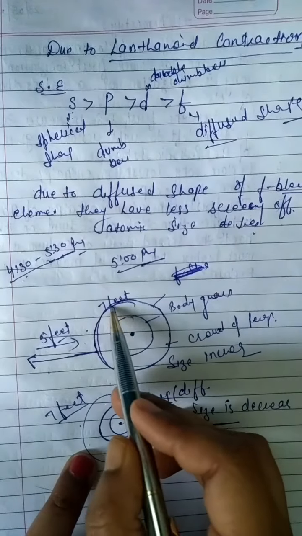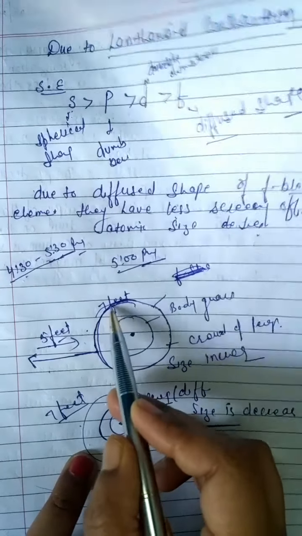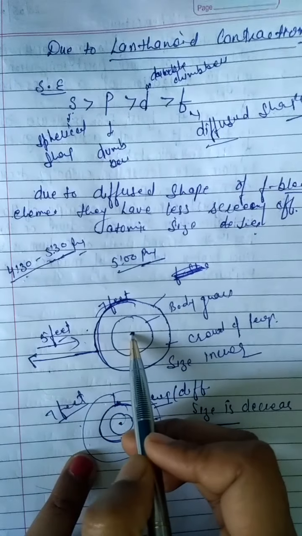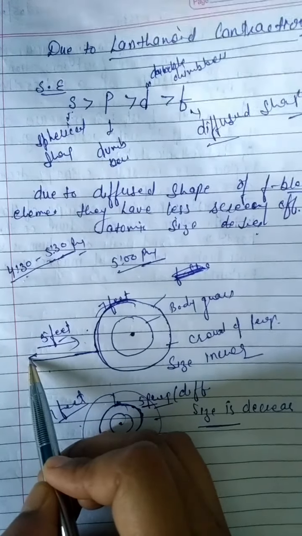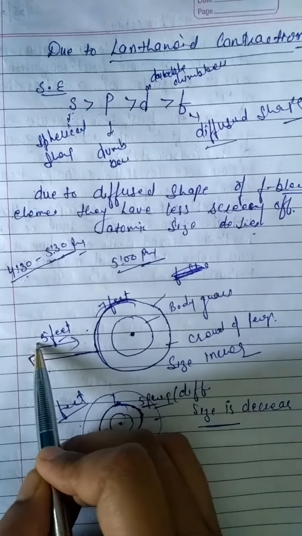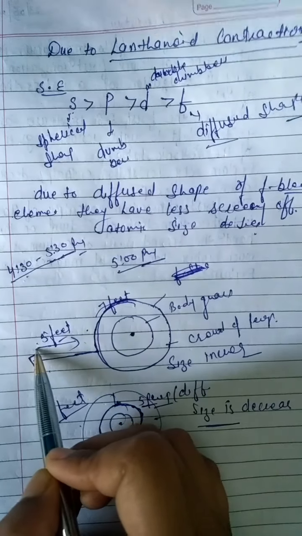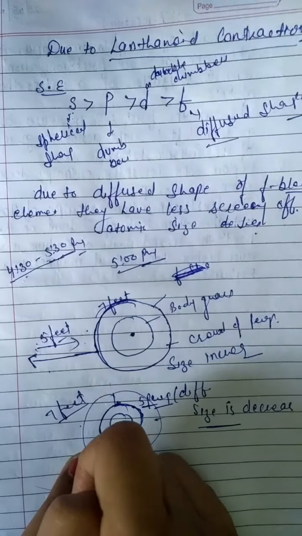But in their case, the screening effect is of 7 feet. If there is a more screening effect, the nucleus has a less attraction towards the outermost shell, so that's why the size increases. Clear? This is about the screening effect.